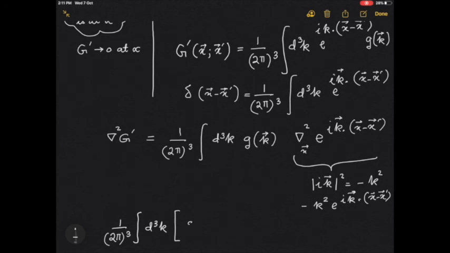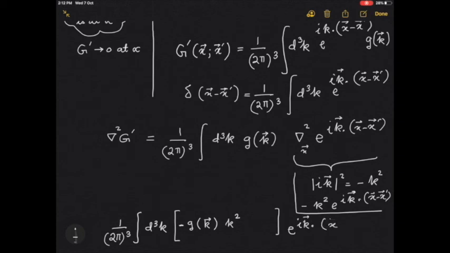From grad square G, the contribution I get is minus gk times minus k square, d cube k, and the exponential is common outside.